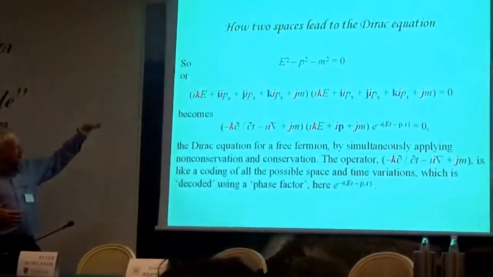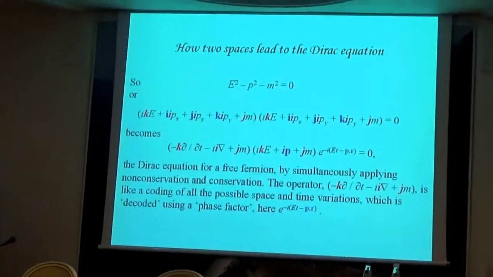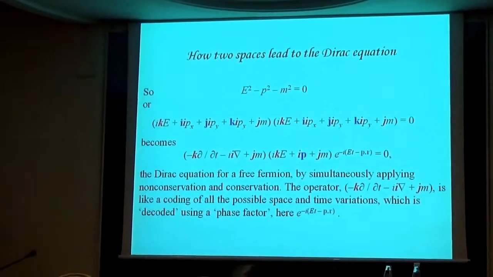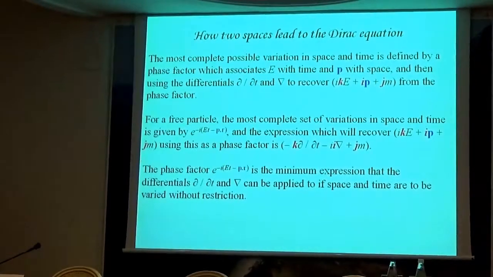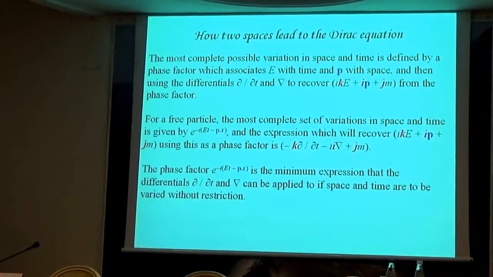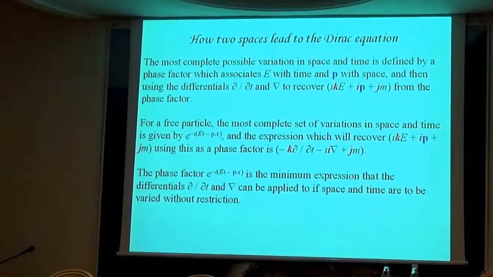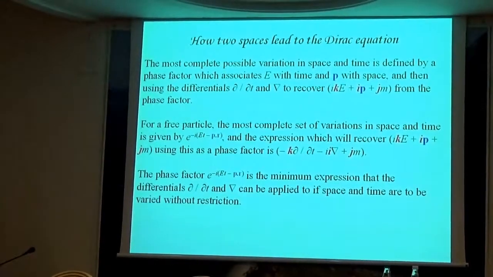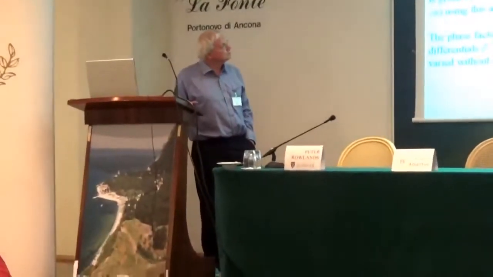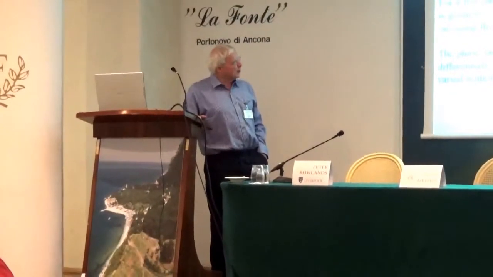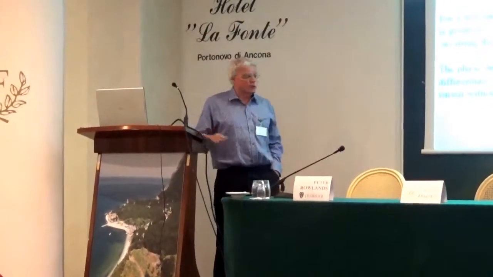And we will get a quantized version of that equation. So what's happening with the quantized version is we're just talking about the most complete possible variations in space and time, because one of the fundamental aspects of space and time is that they're non-conserved quantities. So that's what the phase business is all about.